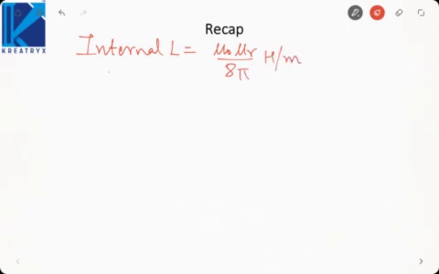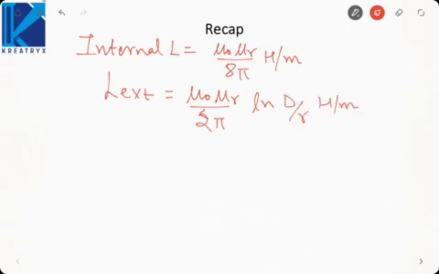Hi guys, in the last lecture we studied the inductance of a conductor. We first saw internal inductance, which was mu naught mu r by 8 pi Henry per meter. Then we saw external inductance, which was mu naught mu r by 2 pi ln d by r Henry per meter.